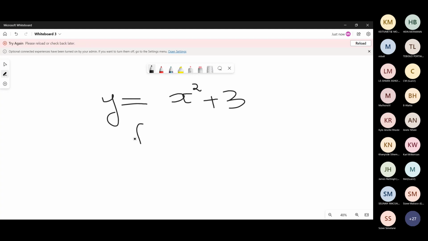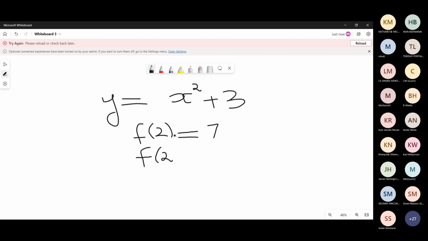What is f of 2? In this example, f of 2 is 7. Yes, you say f of 2 is 7.